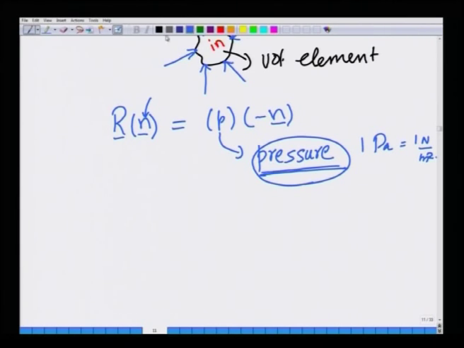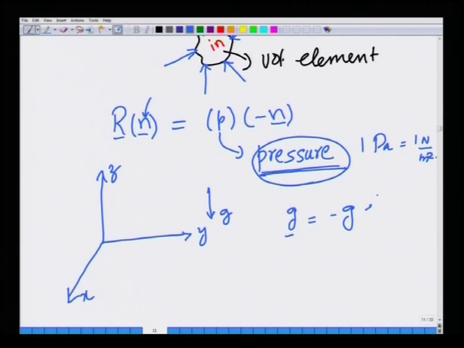And then we said that if you have a fluid that is under the influence of a gravitational field, we took a coordinate system x, y and z, and gravity acts in the direction of minus z.